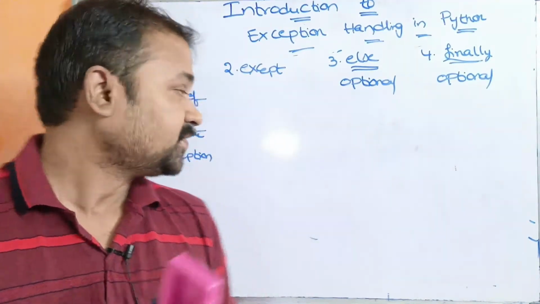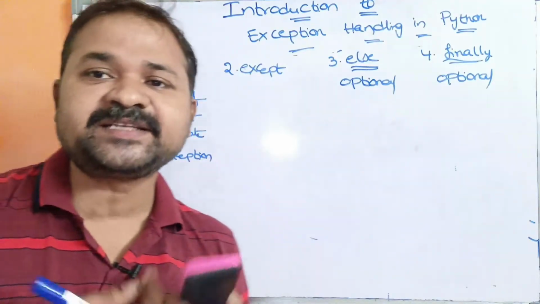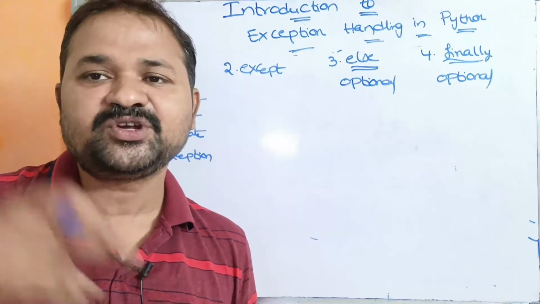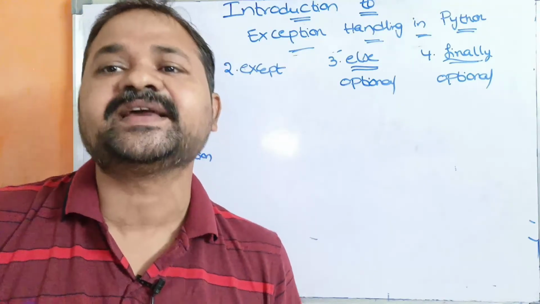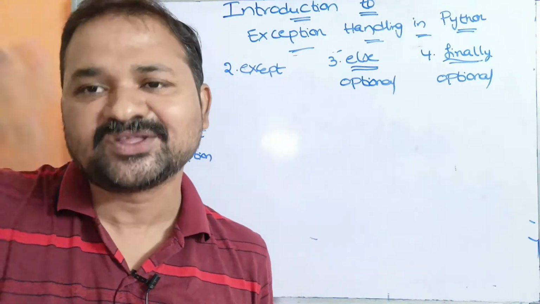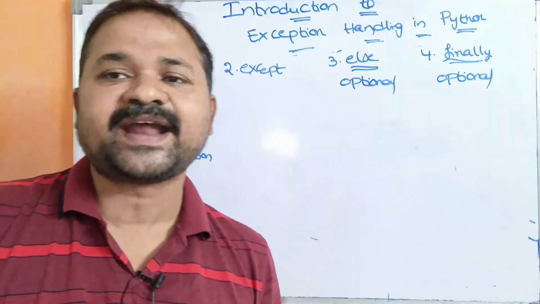We know that a division by zero statement may cause an exception, so we have to place those sorts of statements in the try block.